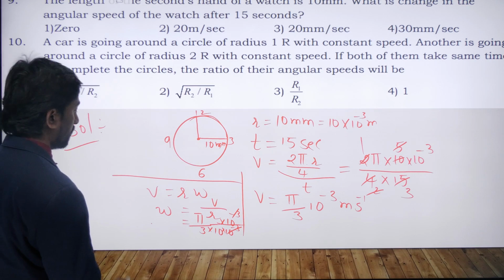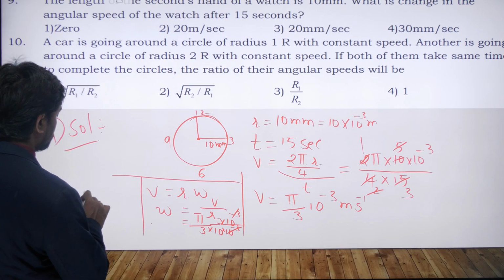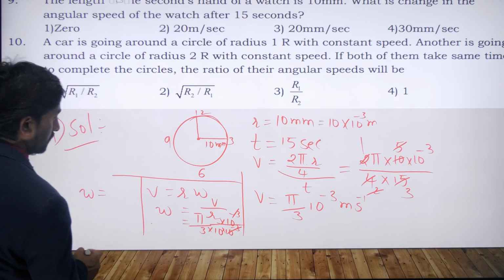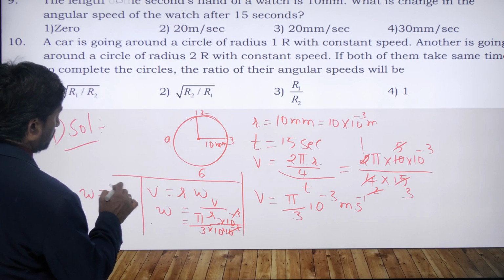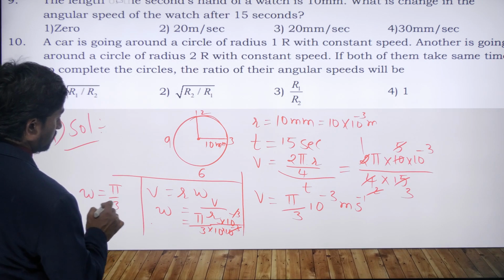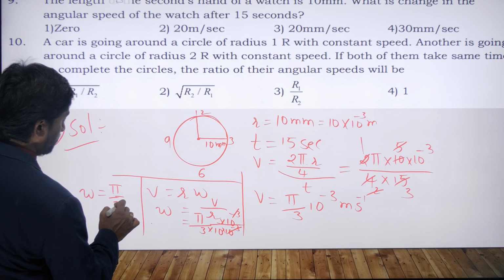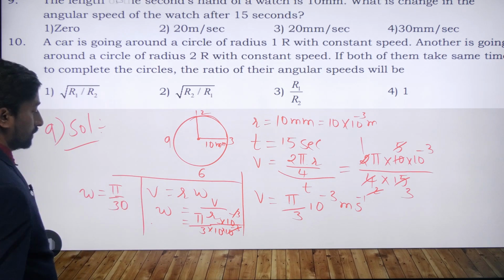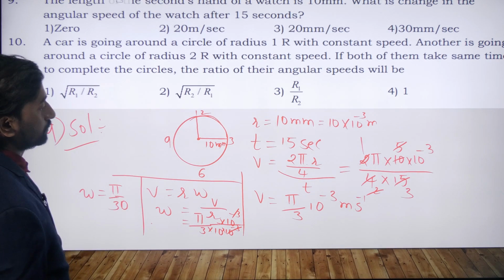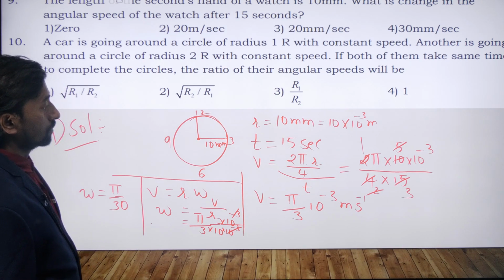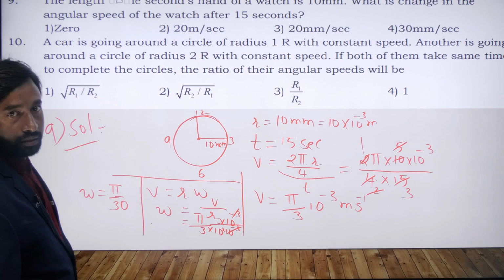So omega value we will get, that is pi by 30.